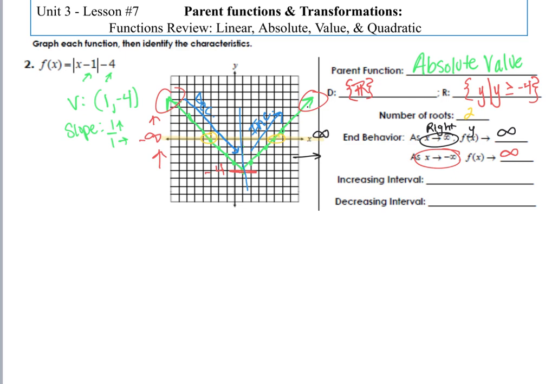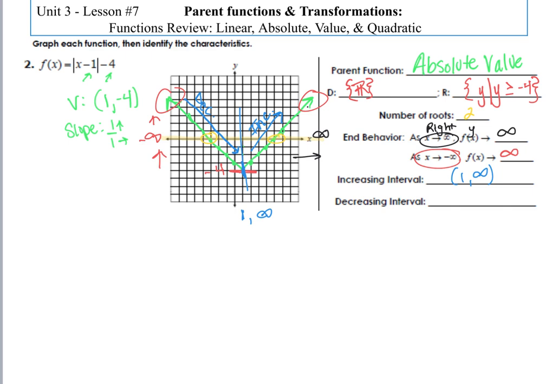So for what x values, though, are we increasing? This x value would be +1. That's at my vertex, where we changed. The x value of that vertex was +1. And then we are increasing forever after that. Well, where's forever? That would be infinity. So we would say from 1 to infinity, for those x values, our slope is going up, increasing.